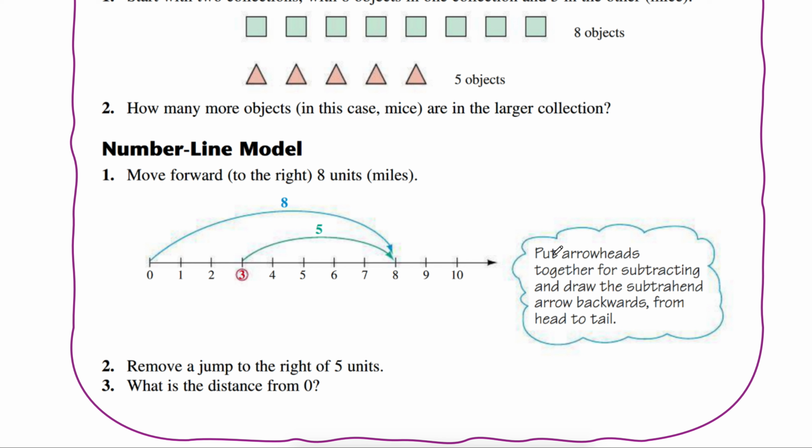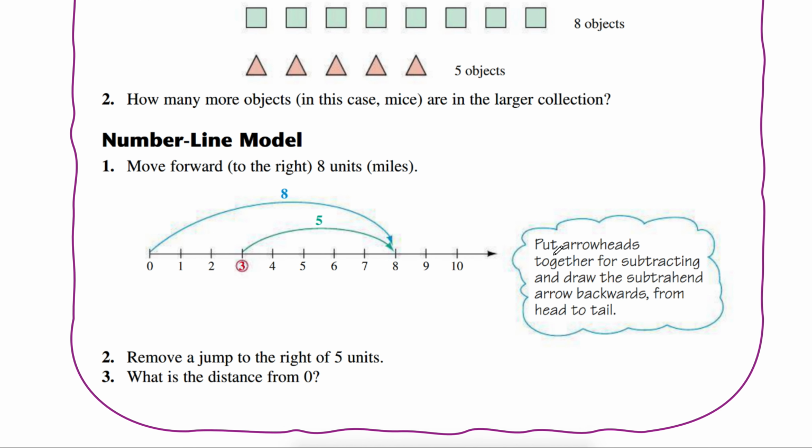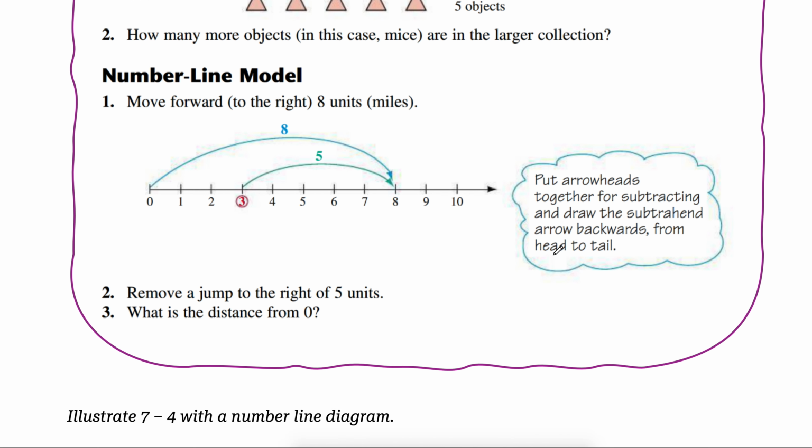And then you can also use the number line model. It says in the note here, make sure you put arrowheads together for subtracting and draw the subtrahend arrow backwards from head to tail. So let me show you how this is going to work exactly.